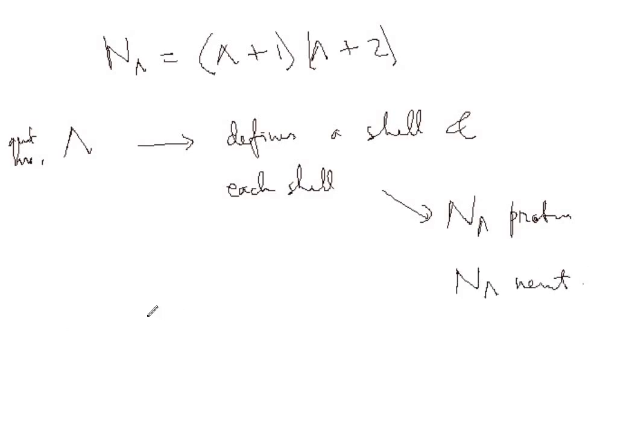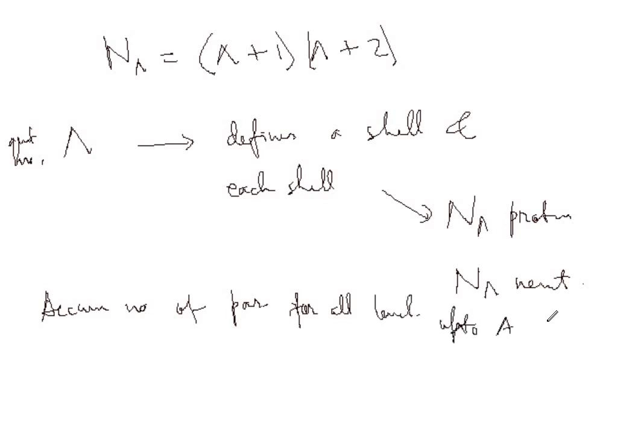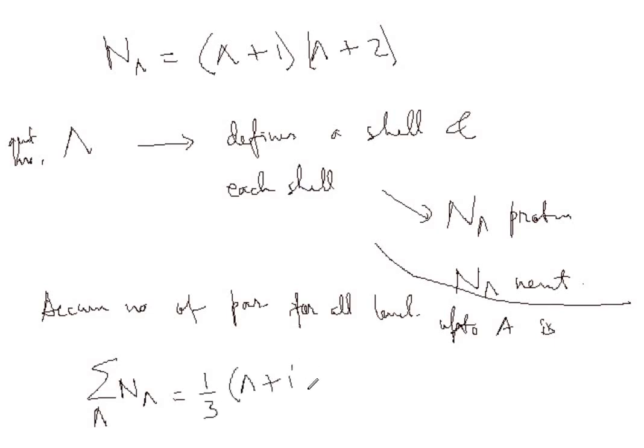So the accumulated number of particles for all levels up to lambda is, if you do the sum, lambda plus 1 into lambda plus 2 into lambda plus 3.